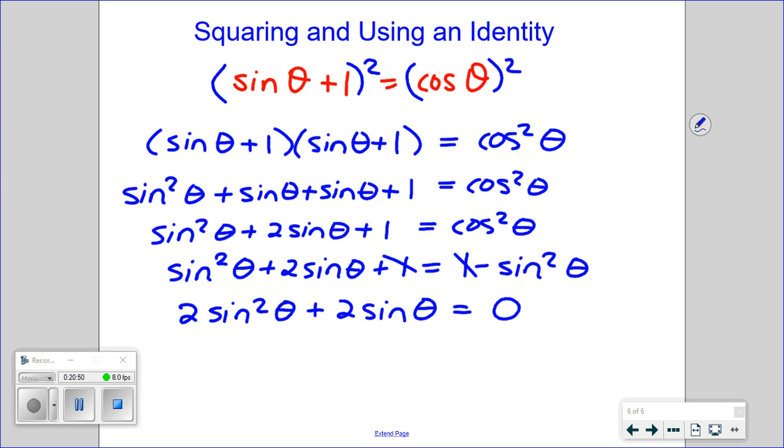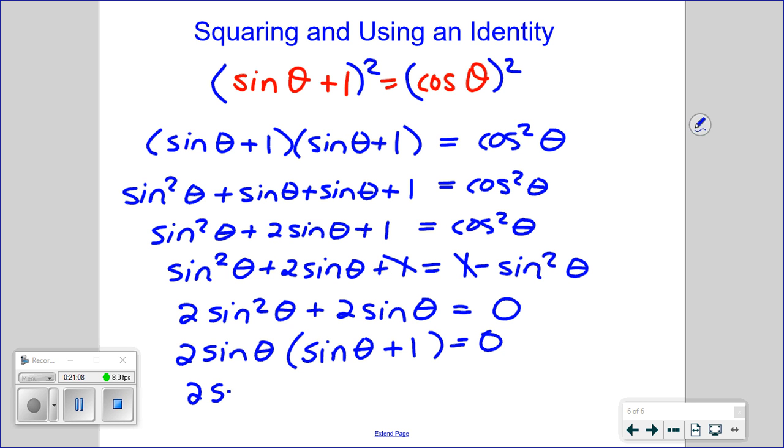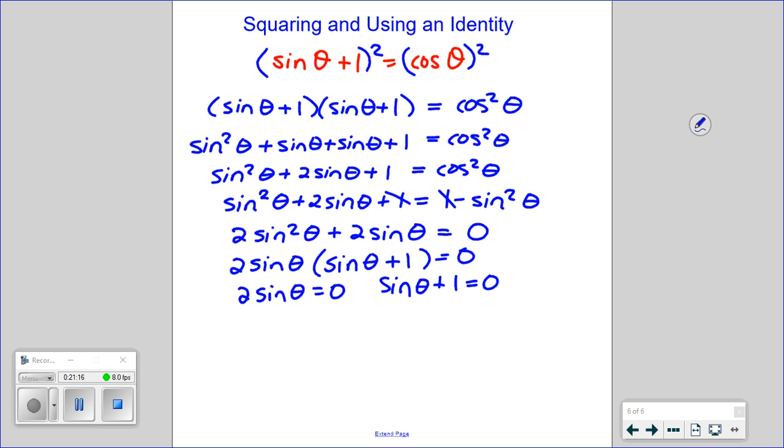We can factor this, but this is one where we're going to factor out the greatest common factor. It looks like we can factor out 2 times sine theta from both terms, leaving a sine theta plus 1. Then we can just set each factor equal to 0, and solve each equation separately.